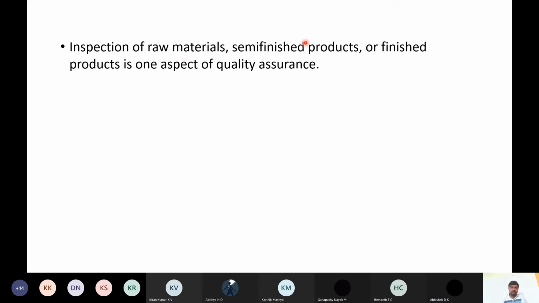Next, semi-finished products: after performing a few operations partially, you need to ensure that the quality of the product is good. Then finished products. So the quality of a product will be evaluated at different stages: at the beginning, the raw material stage, then in between, the semi-finished products, then at the end, the finished products.